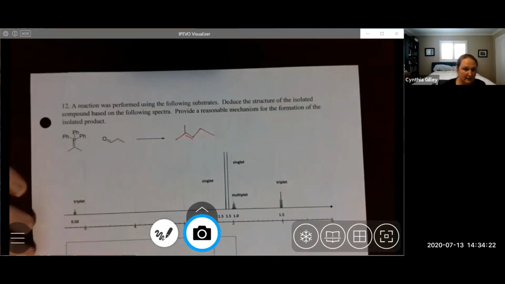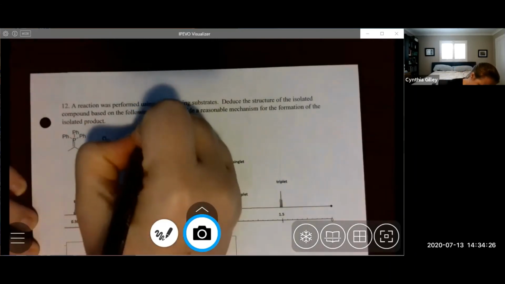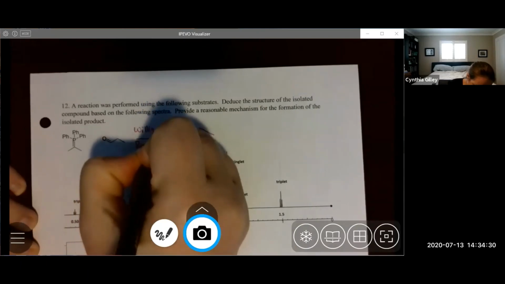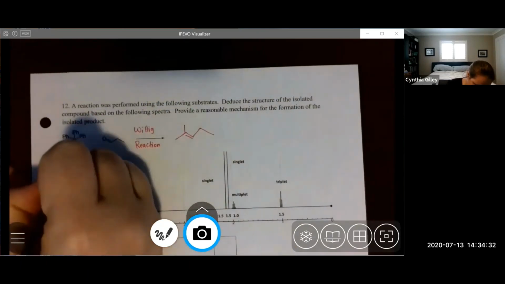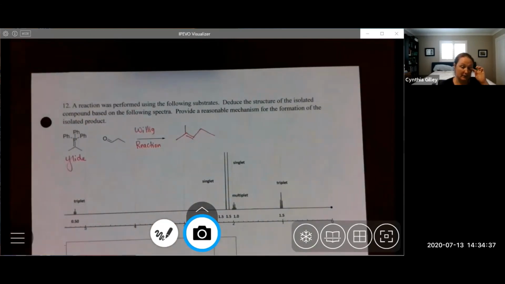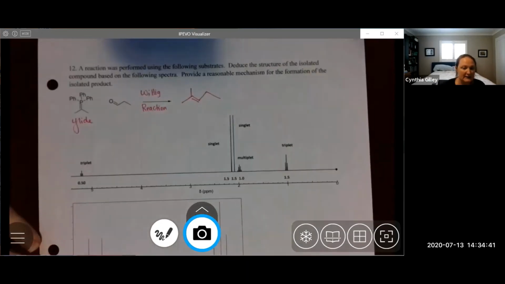And this is very likely the product. We just want to recognize that this is an ylide and it's an alkene. So just double checking that this is the product that we would expect.